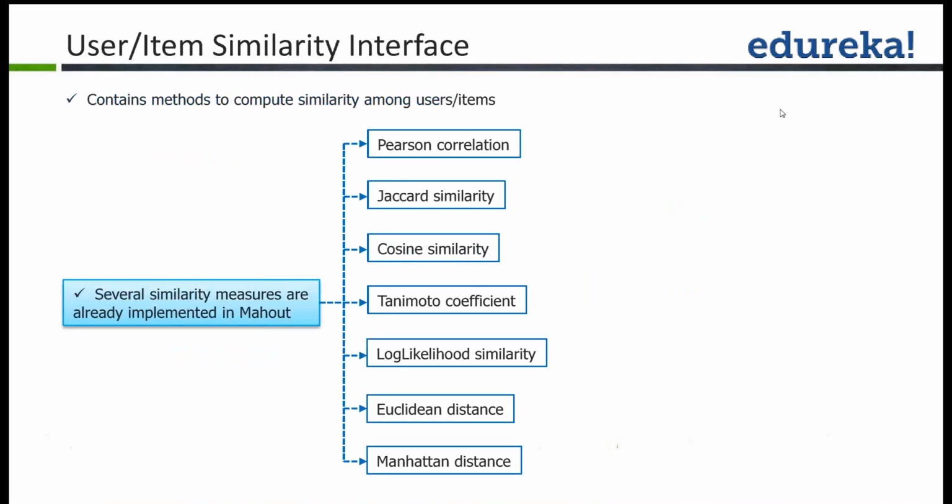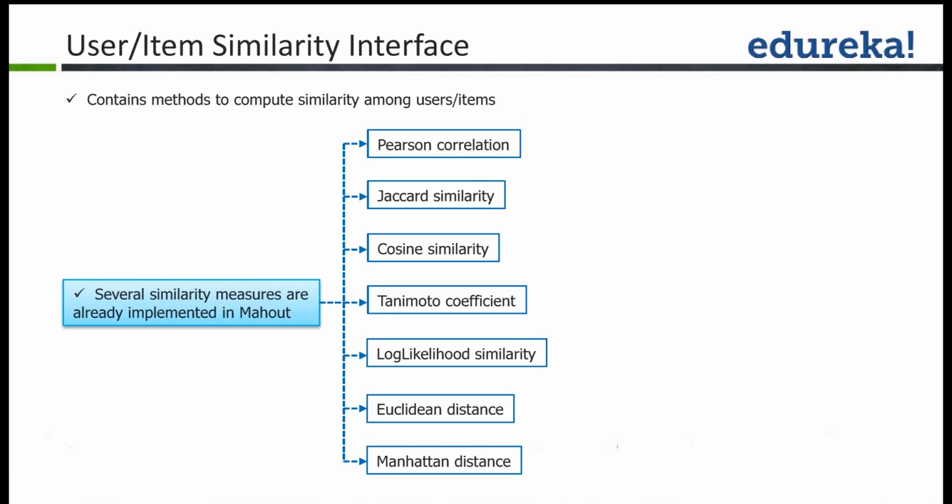And for user similarity, there are many methods that are already implemented for you, starting from Pearson correlation, Jaccard similarity, and cosine similarity, which we already talked about. You can even compute Euclidean distance, Manhattan distance, and many others, right? So these are all already available to you.